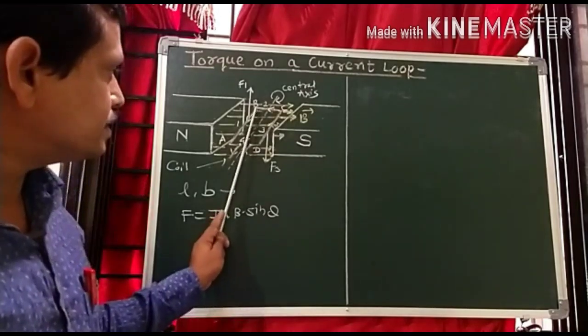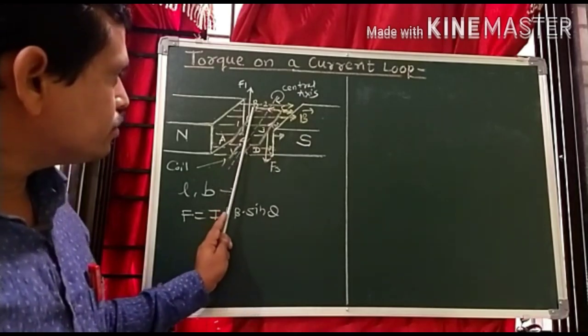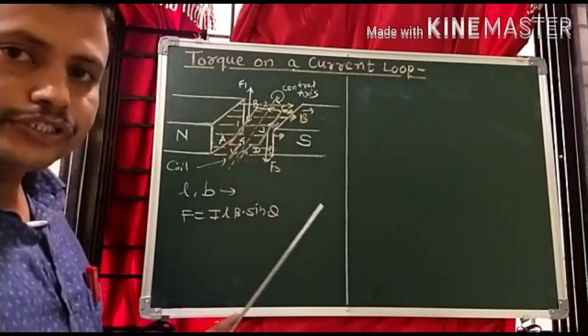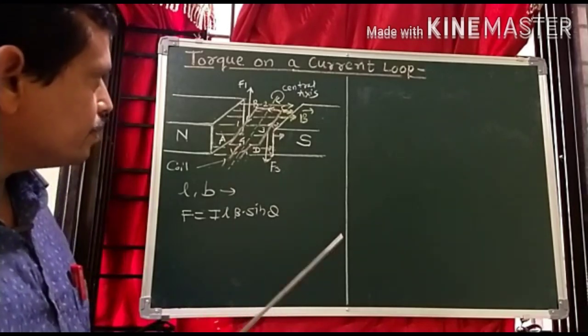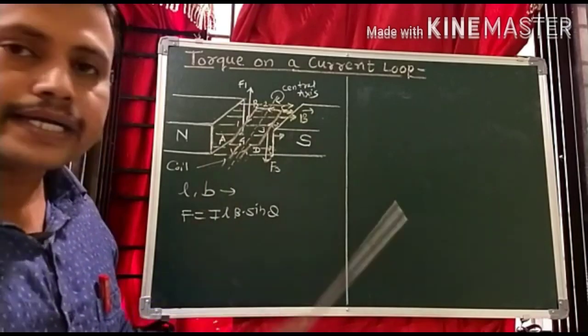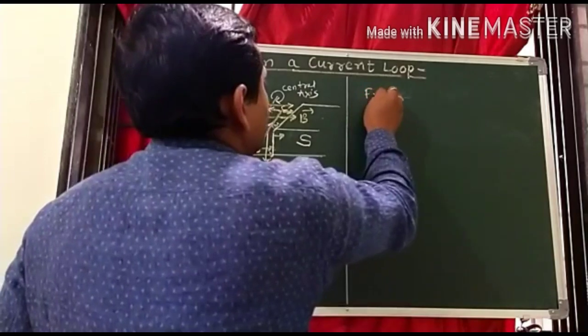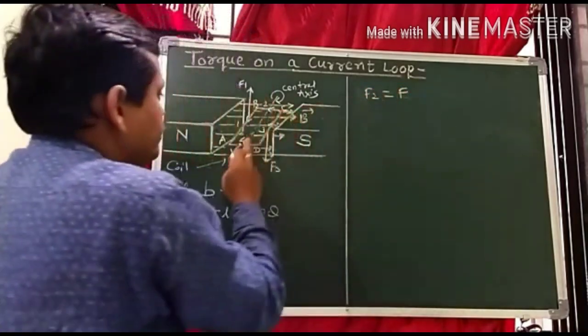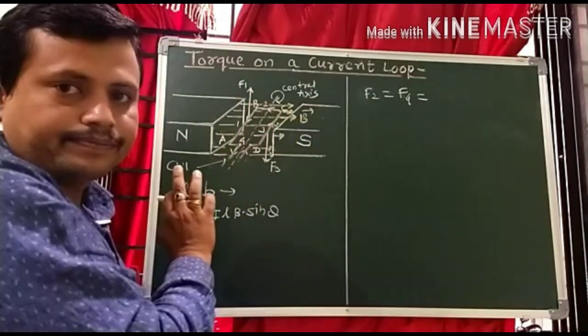Force on the two sides BC and AD. We consider that the two sides BC and AD initially are parallel to the direction of the magnetic field, and therefore the angle between the sides BC and AD and the direction of magnetic field will be 0, and therefore F2 is equal to F4, forces acting on sides BC and AD.